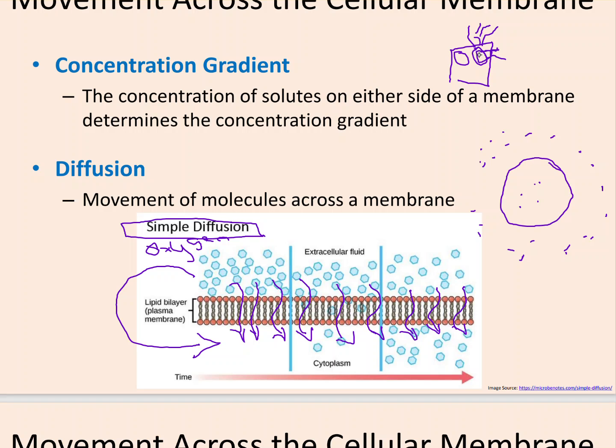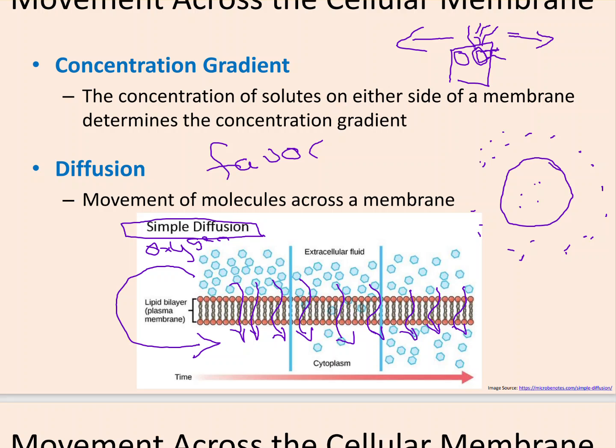Because there's a high concentration of those molecules in this area, they will naturally start to flow from high concentration to low concentration without requiring any energy. So they are flowing in favor of their concentration gradient, from high concentration to low concentration, and diffuse completely through the air.